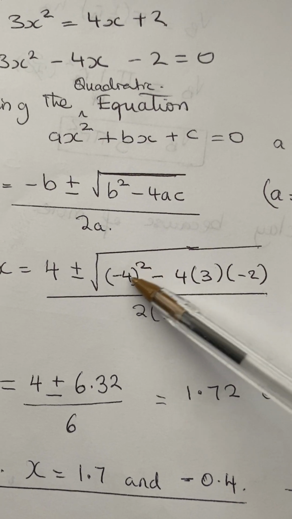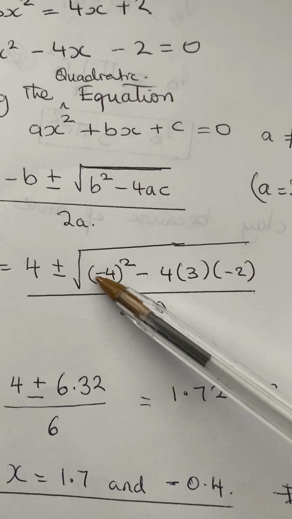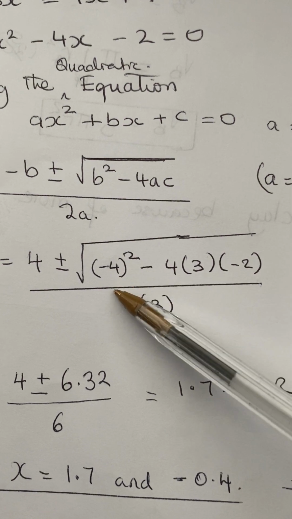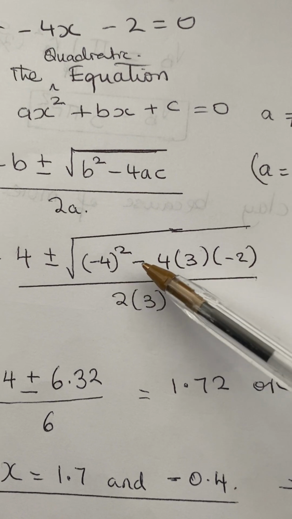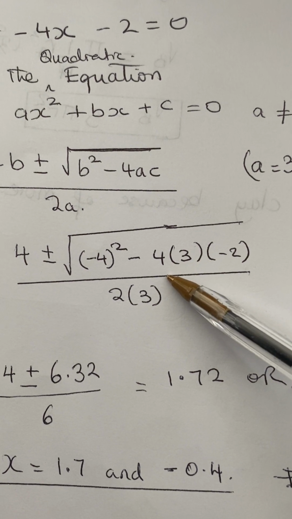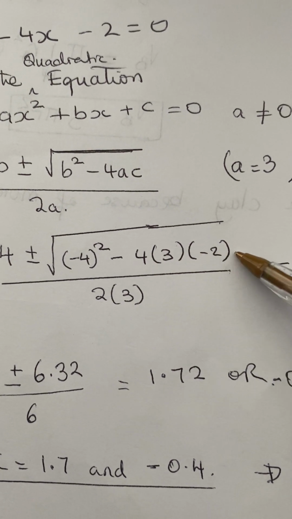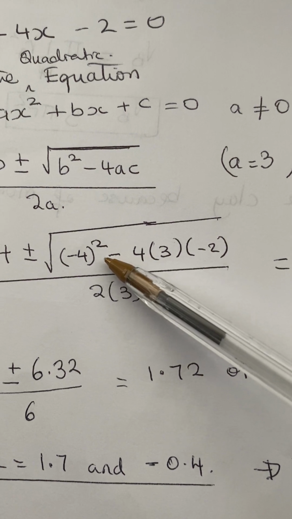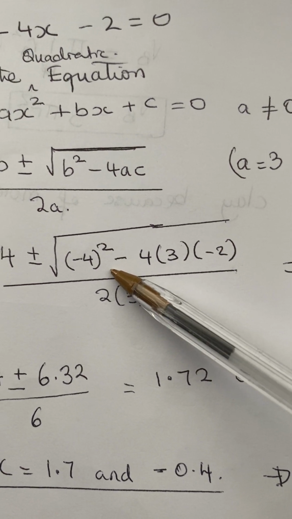Now, in the square root, minus 4 squared is 16. 4 times 3 is 12, times 2 is 24. Minus minus will make it positive.